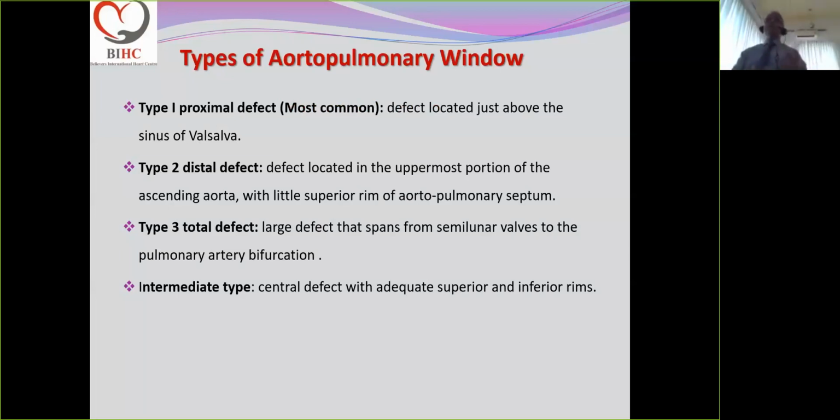The type 3 or a total defect, you can't say where it is. It is there right from the pulmonary sinus to the bifurcation. So that's a total defect. And you could call it an intermediate defect because it is right in the middle with a nice superior and inferior rim. But the commonest one is a large proximal defect.